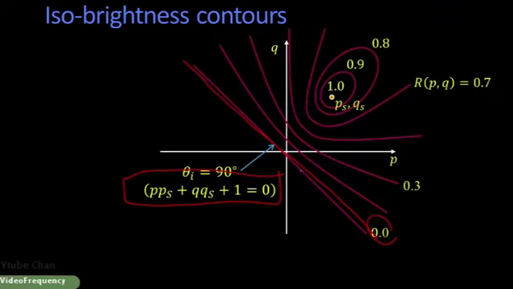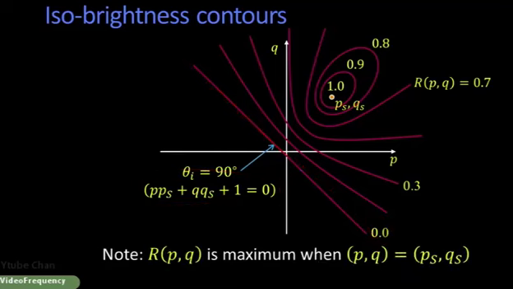P times PS plus Q times QS plus 1 equals 0. That's like AX plus BY plus C equals 0, but it's in PQ space, so it's AP plus BQ plus C equals 0, so it's a line. So the perpendicular situation is a line in PQ space.